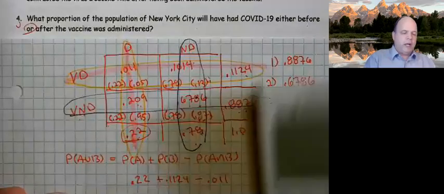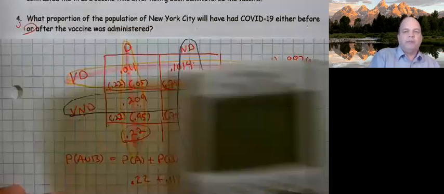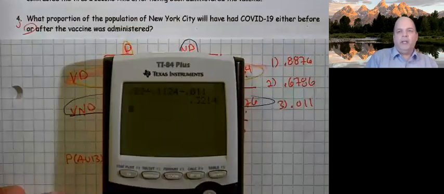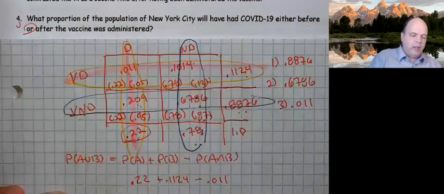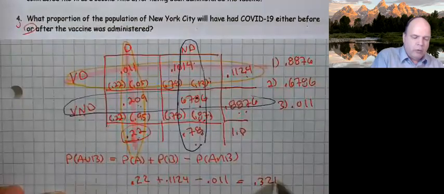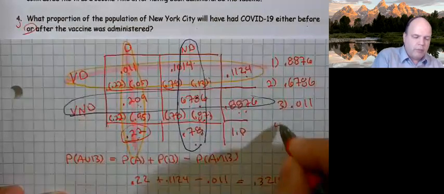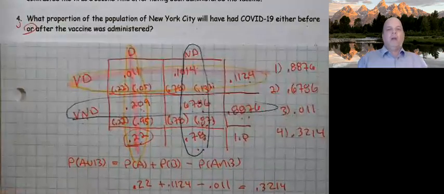When we run that through the calculator real quickly, 0.22 plus 0.1124 minus 0.011, we end up getting 0.3214. So the answer to number 4 is 0.3214. Okay? All right.